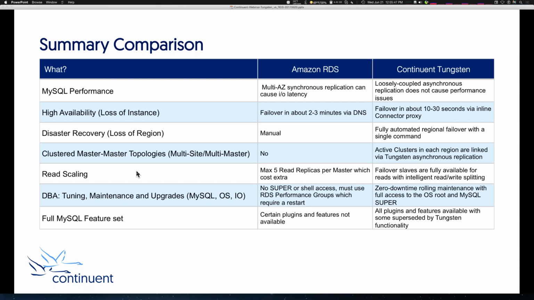So this relies upon the fact that your application will see that DNS update in a timely fashion, will have to handle the reconnection, and it will then finally fail over. Time to fail over will be in the order of 2 to 3 minutes at best. It can certainly be longer if there's a lot of writes that are waiting.